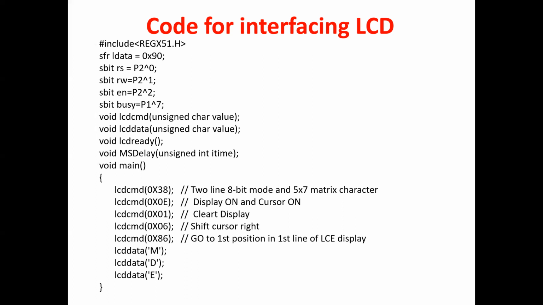If it is a command, like clear the display, move the cursor, turn the cursor on or off, or move the cursor right, these are commands, not characters. Whenever we send such data on the data pins, it needs to be stored in the command register. So the variation will be identified in these two functions.